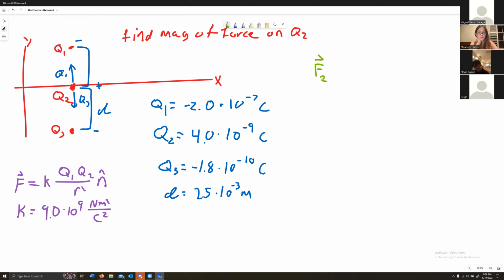So the way this is written, it goes like this. You have the first force onto due to 1. Does that make sense?